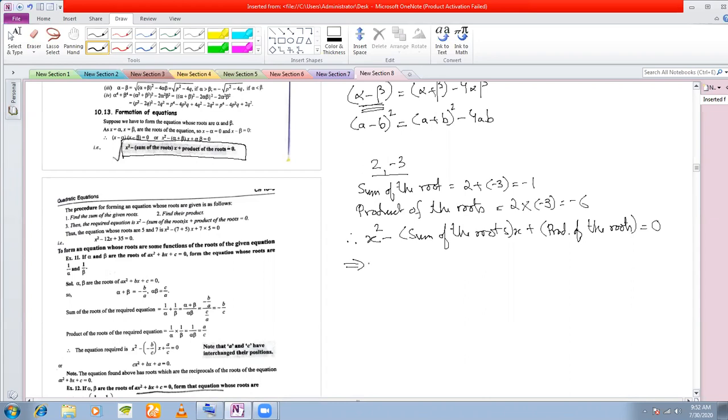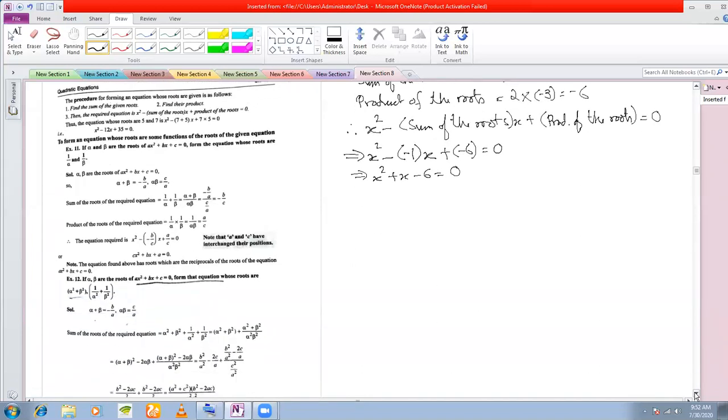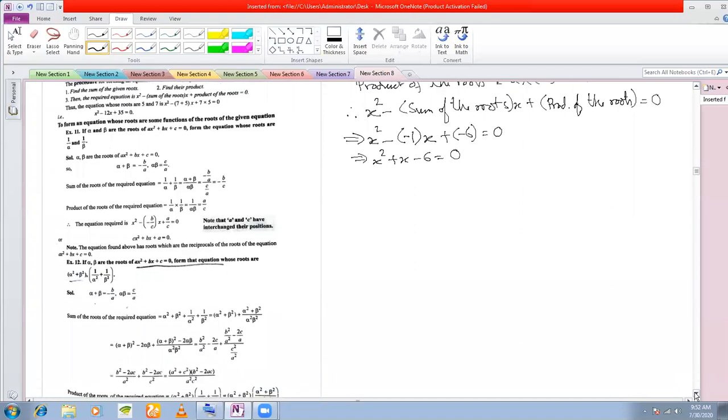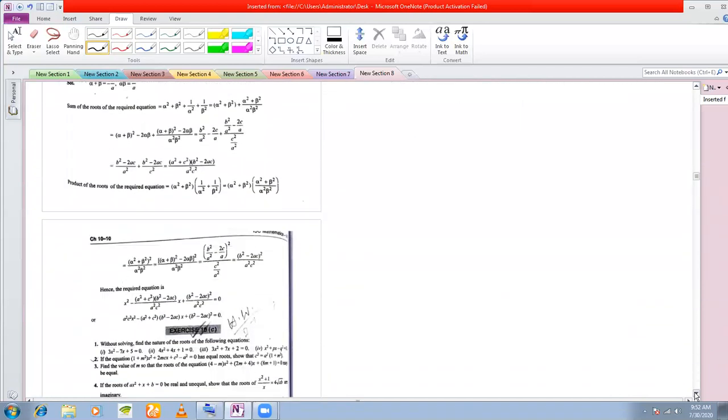That means x square minus (minus 1) x plus (minus 6). So what is your quadratic? x square plus x minus 6 equal to 0. Clear? This is also a very, very important example, important formula, in fact.